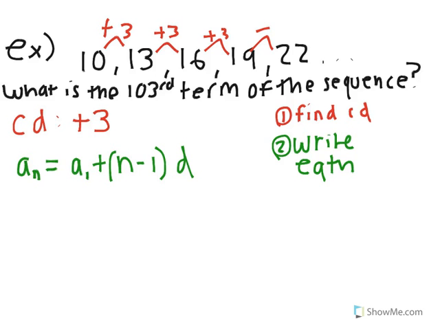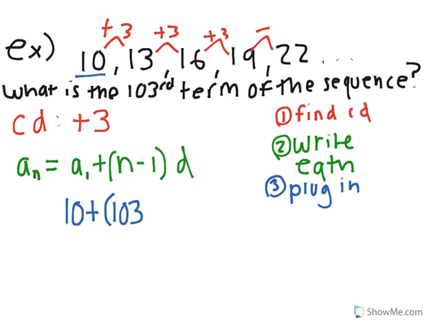Okay, now let's plug in what we know. A of n, we don't know what that term is. That's the term we're trying to find. A of 1, the first term, is 10. So we have 10 plus, what's n? The 103rd term, minus 1, times our common difference of 3. Now, this is equal to a of n.